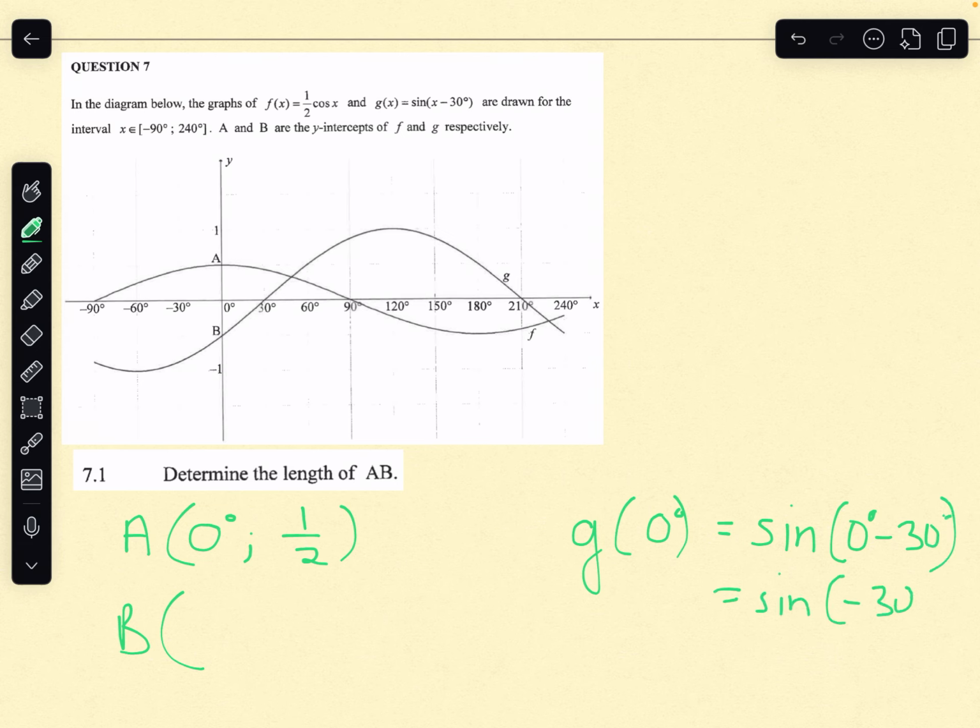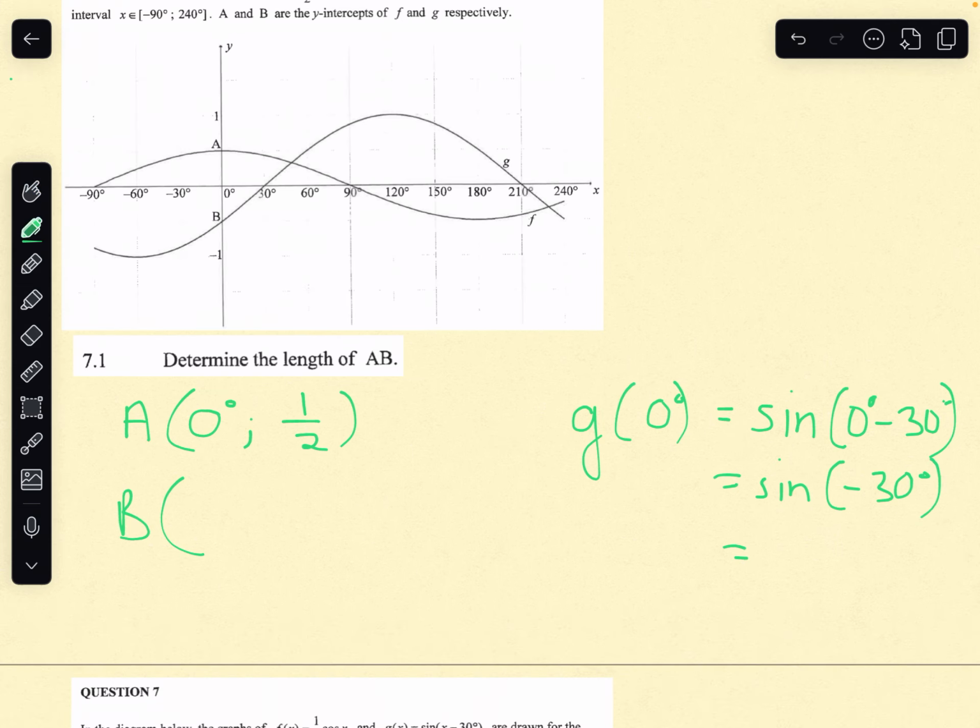And we can just work that out on a calculator, but let's take the opportunity to exercise our reduction knowledge. So this will be the same as minus sine 30, and this is then the same as minus a half. So the coordinates here are 0 degrees and minus a half.